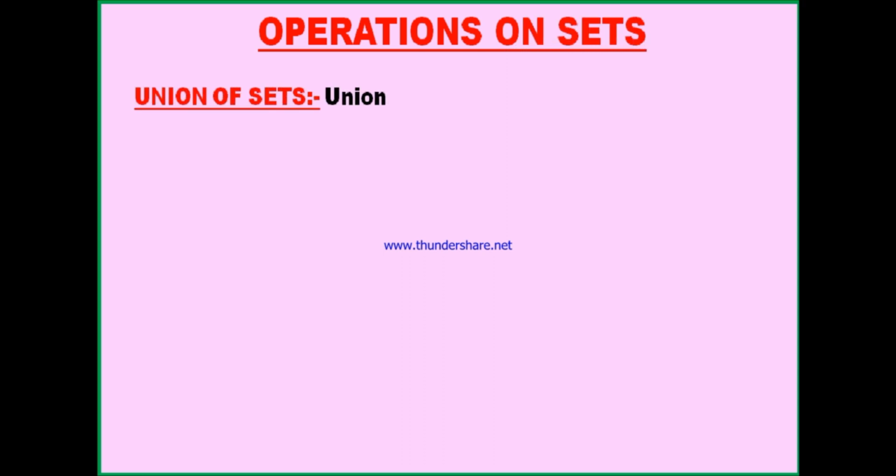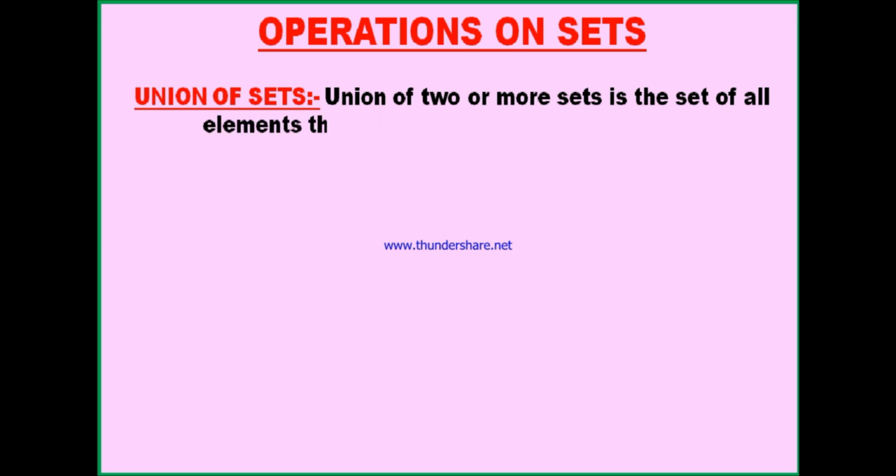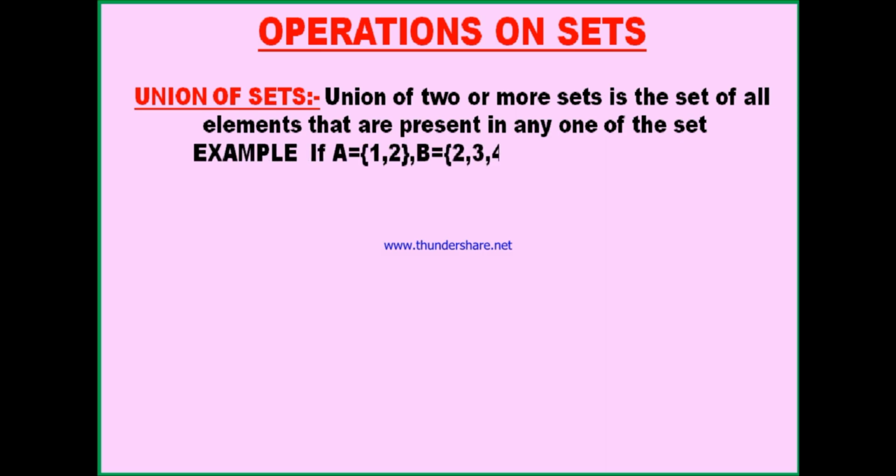The first one is union of sets. Union of two or more sets is the set of all elements that are present in any one of these sets. For example, if you consider the set A as {1, 2} and B is equal to {2, 3, 4}, then A union B is equal to {1, 2, 3, 4}.